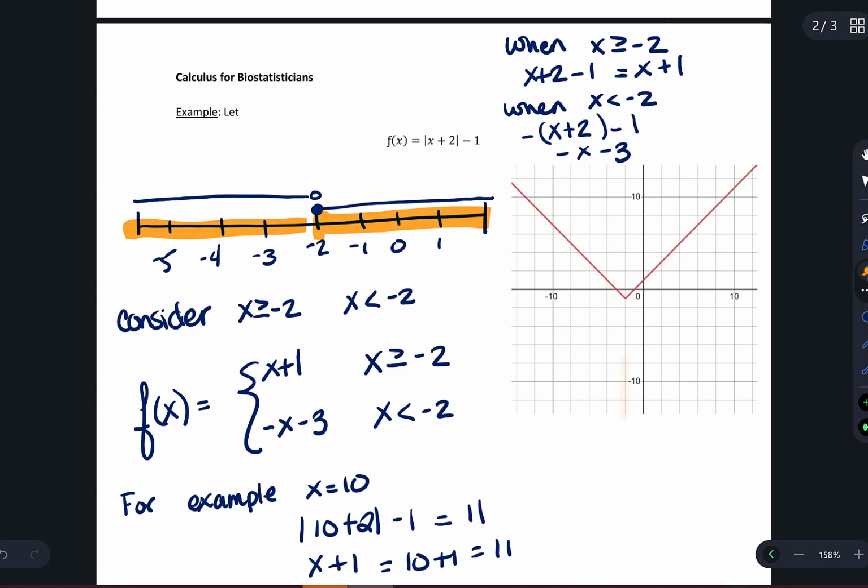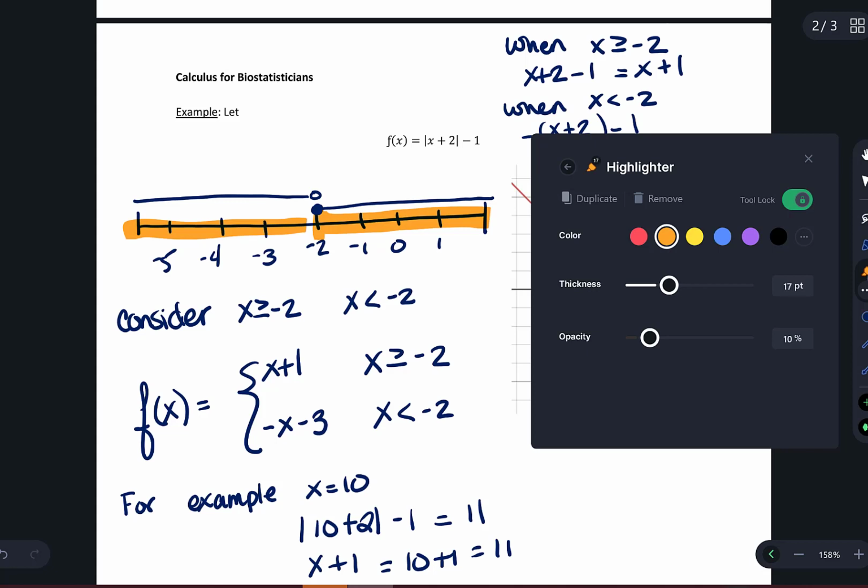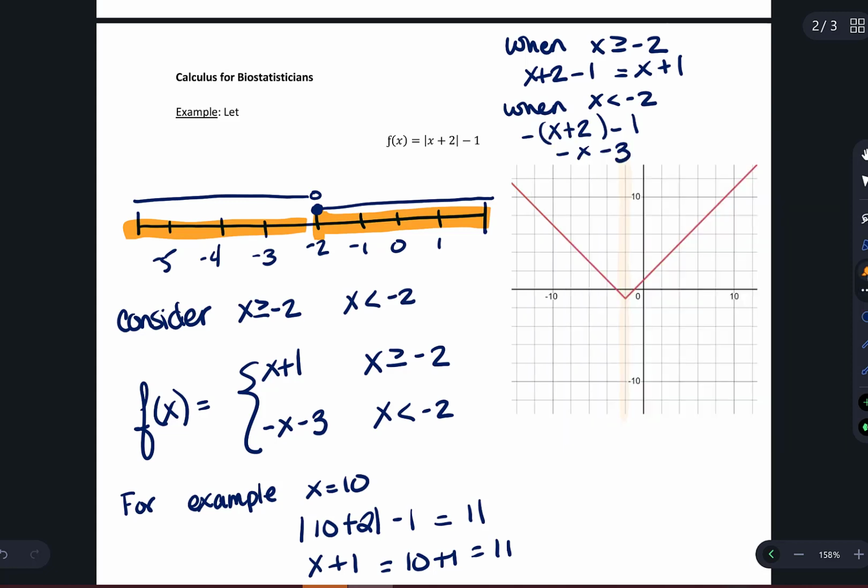Okay, so here is -2 on the graph. I didn't mean to change my thickness there, so there we go. So there's -2, so that's where we know that we might have some issues. And looking at the plot of this function, we do see this really sharp point, and we could call that a corner point on the function where we might have a potential problem.